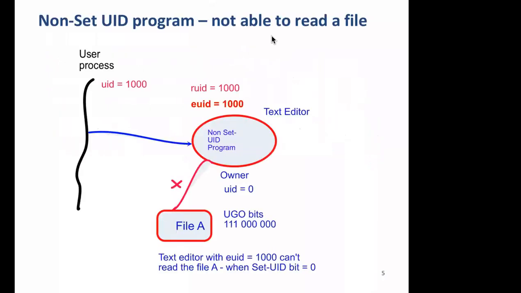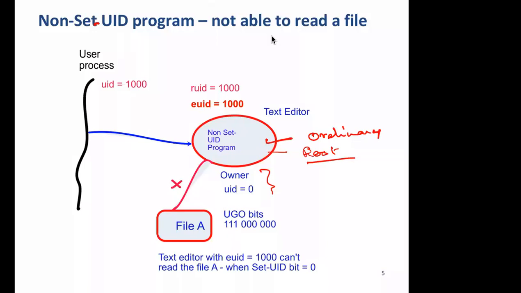Last class we studied the concept of a setuid program. A non-setuid program is an ordinary, normal program. It may be owned by root or the superuser, or by anybody.